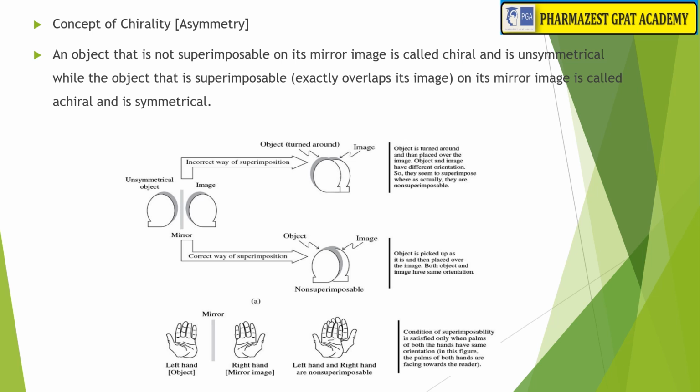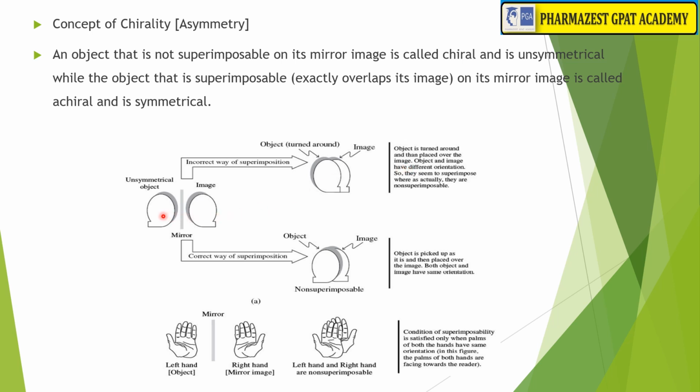Well, coming to the concept of chirality, an object that is non-superimposable, see here, this is the object and it is superimposed. The object is turned around and then placed over the image.